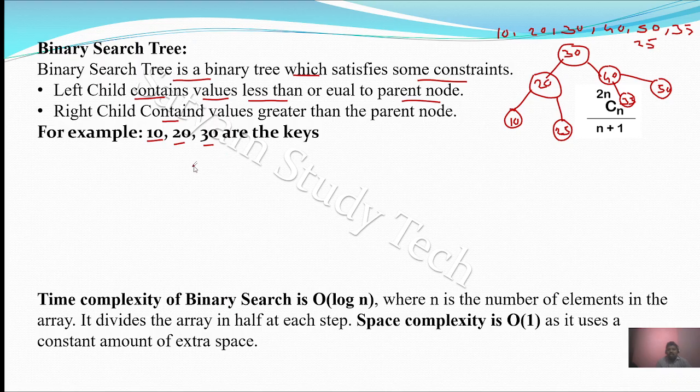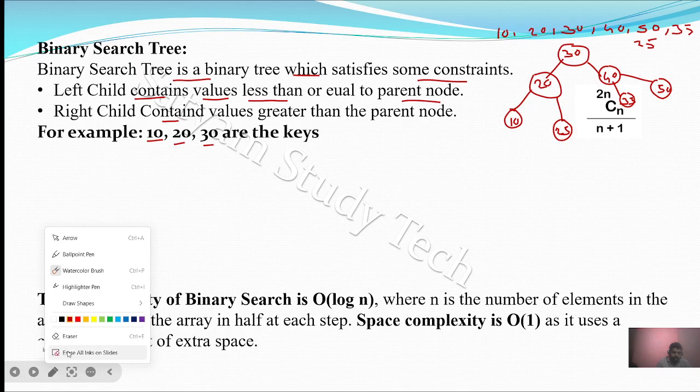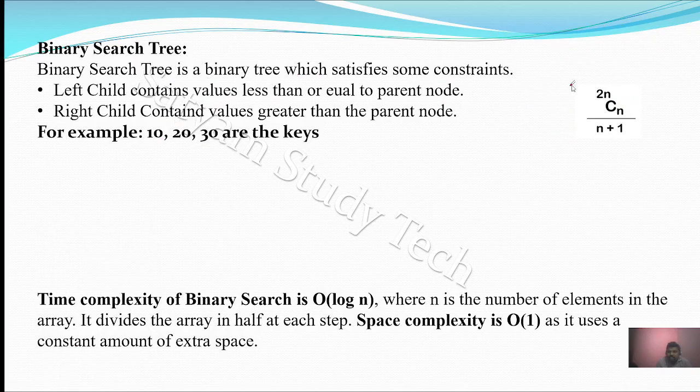Now, for example, 10, 20, 30 are the keys. How many binary search trees are possible for these keys? What is the formula here? The formula is 2n C n divided by n plus 1.